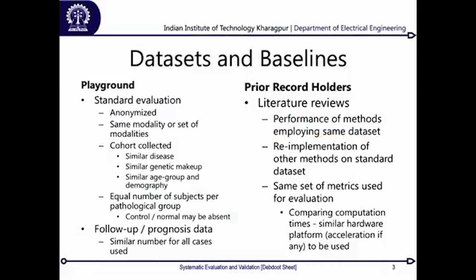Now if you are looking at each of these classes, it's expected that you have data for each of these classes. You can say you don't have data for type 0, it's okay, because normal people who don't have cancers might not turn up for it. But if you don't have data for type 1 and type 2, you cannot generalize your algorithm's performance for type 1 and type 2.